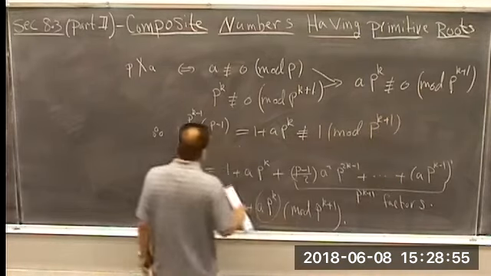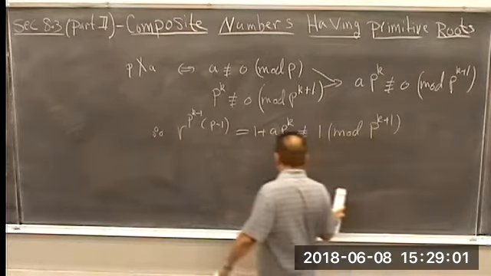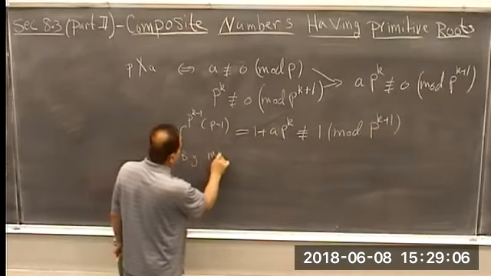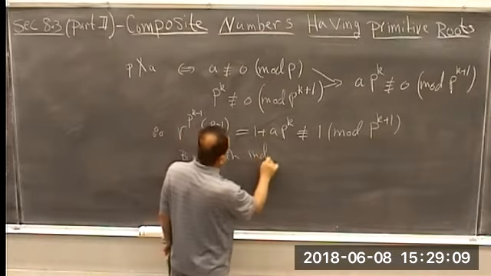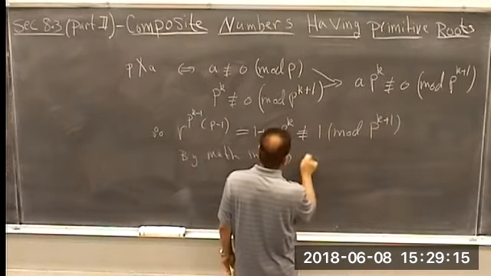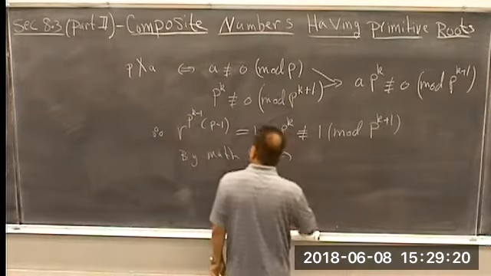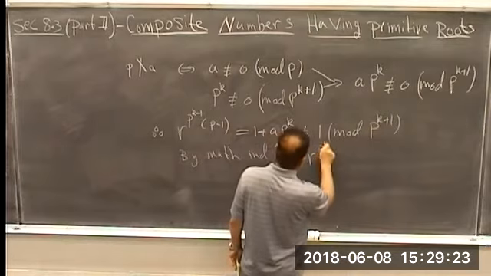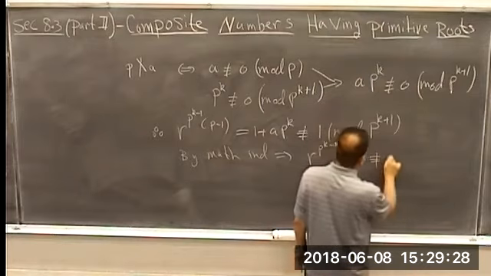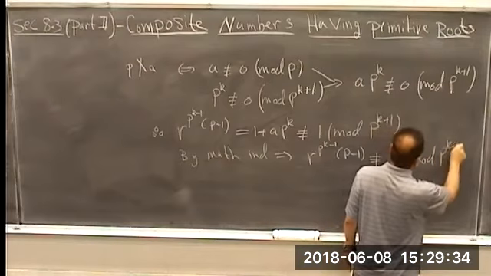So by mathematical induction, we have that r to the p^(k-1)(p-1) is not congruent to 1 mod p to the k.